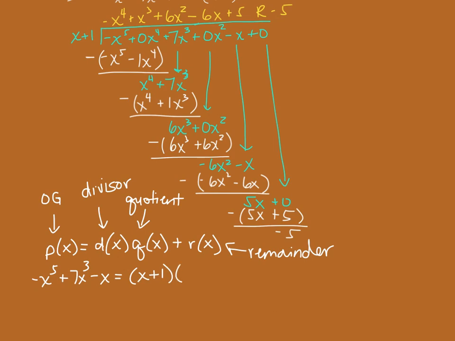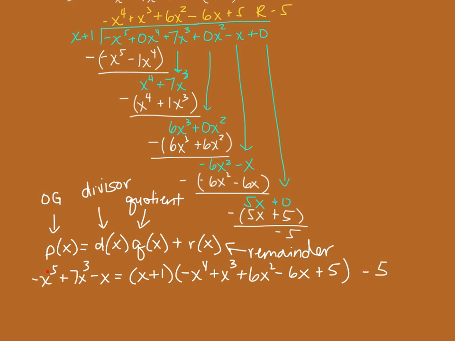We got negative x to the 4th plus x cubed, this is what we got on top, plus 6x squared minus 6x plus 5. Whew. And then it wasn't just this times this that got us back to the original polynomial because we had a remainder. So we still have to have plus a negative 5 at the end, or just a minus 5.